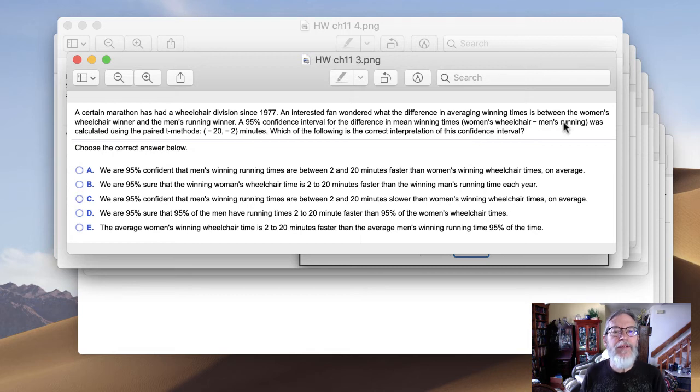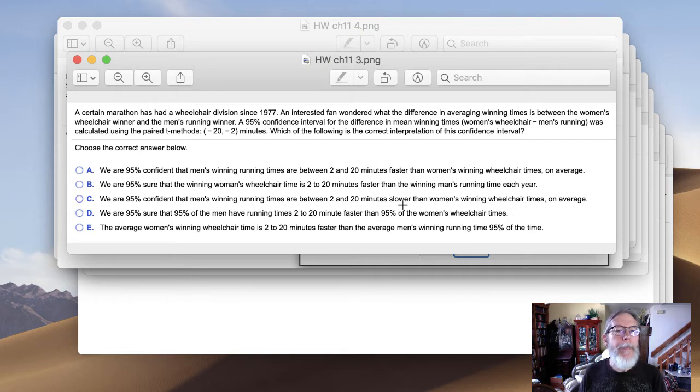Smaller minus bigger is negative. So that says the women were faster and the men were slower. Okay, 95% confident, winning time between 2 minutes slower on average.